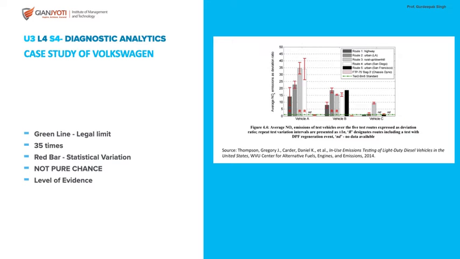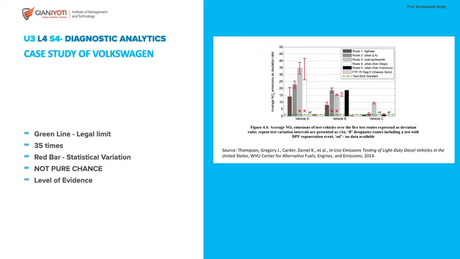Now they wanted to have a hypothesis, and they wanted to know whether this is statistical noise, statistical variation, or it is true. So they calculated the spread, and if it is statistical variation, these red bars which you are seeing are the statistical variation.